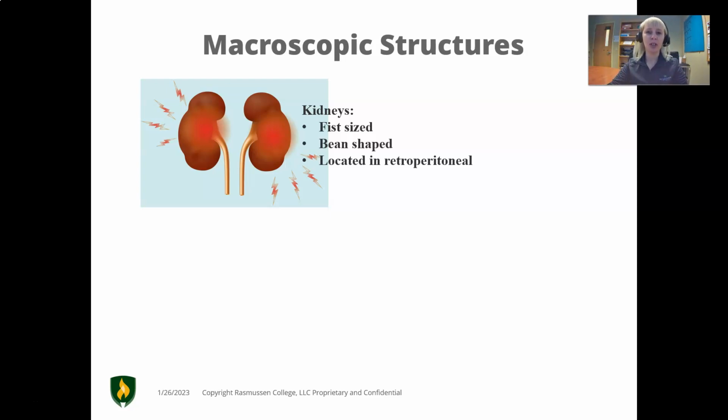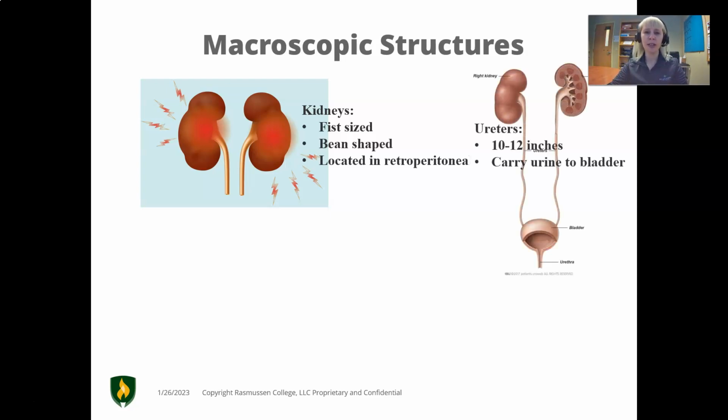The next macroscopic structure is our ureters. Again, there are 2 ureters that are about 10 to 12 inches in length. Each one comes from one of the kidneys, so one tube on each side. They're very, very thin. They're a little bit thicker than pencil lead, so very thin.